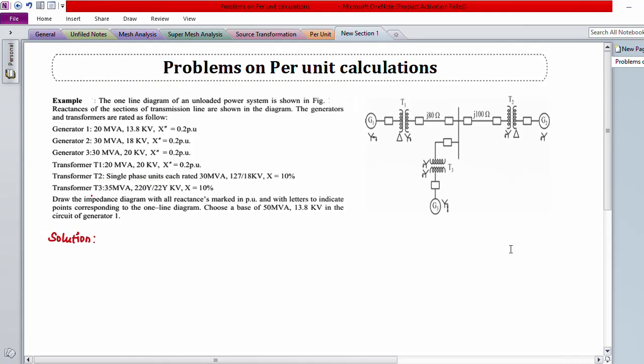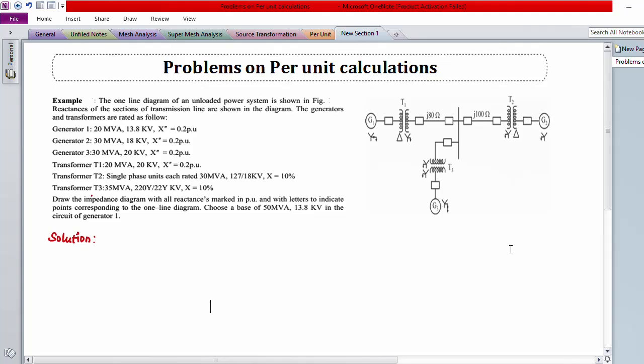Transformer 1 and transformer 3 are three-phase transformers, but transformer 2 is three single-phase transformers connected for three-phase operation. So, while taking transformer 2, we have to consider the connections of the transformer. Based on that, we have to go for the voltage conversion. Now, we will solve the problem.